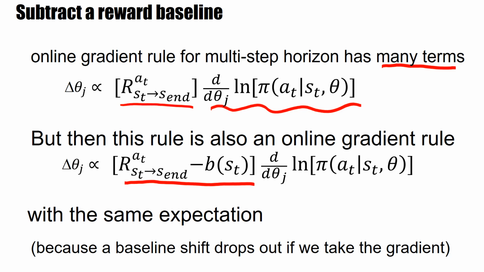And now, I said there are many terms of that form, and these terms would be different. One is for s_t, one is for s_t+1, for s_t+2. Well, the baseline that we subtract may depend on the state.